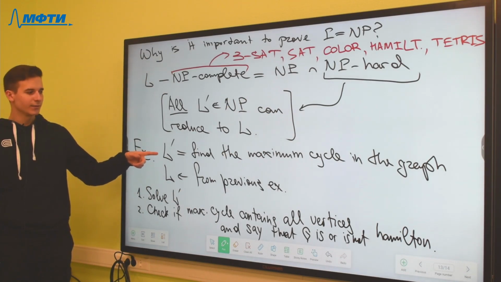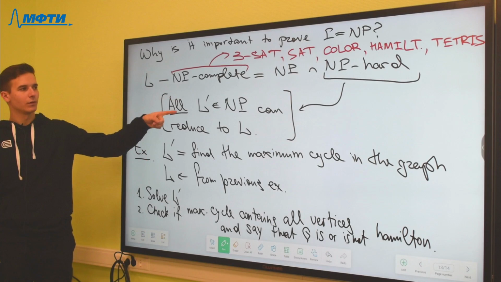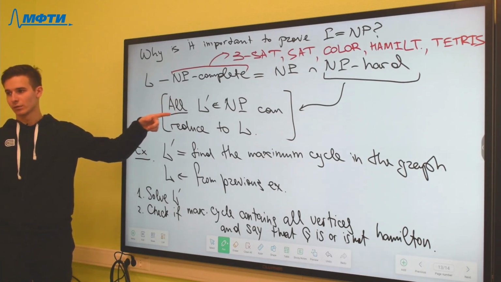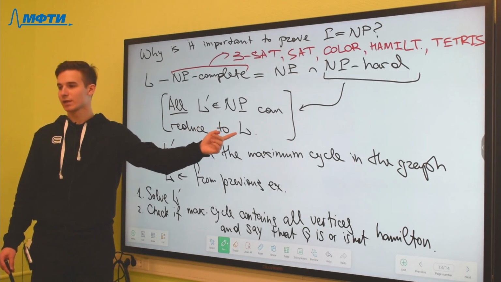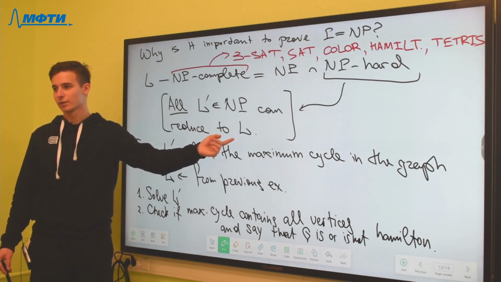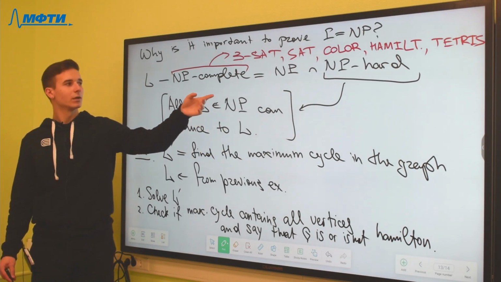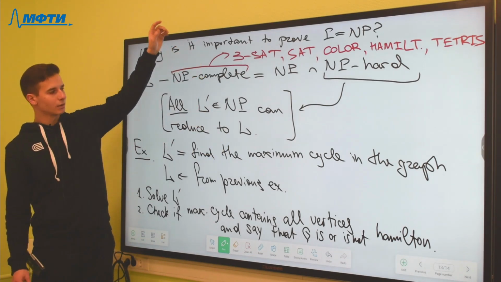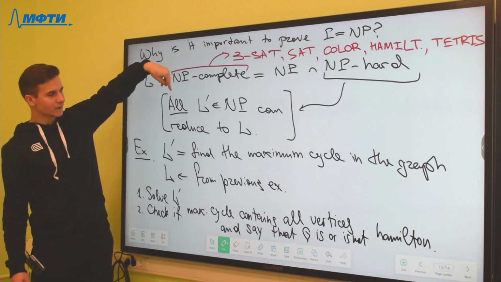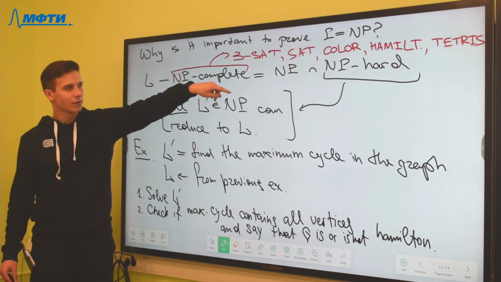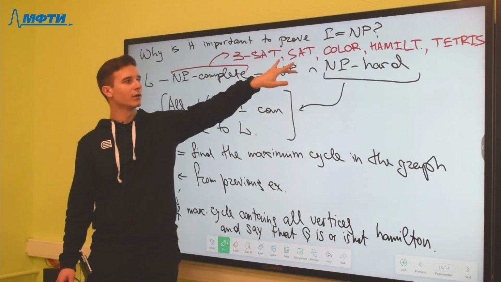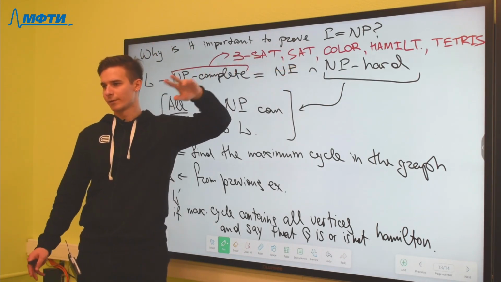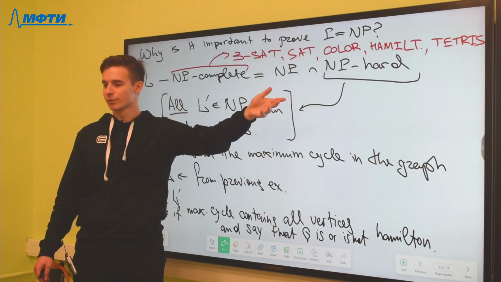And if you can reduce all the tasks from NP to one task L, you say that this task is an NP hard task. For example, we can reduce all the tasks from NP to the task of whether some Boolean formula with 3 operations is equal to 1 or not.